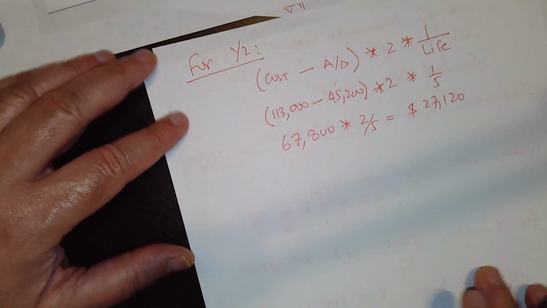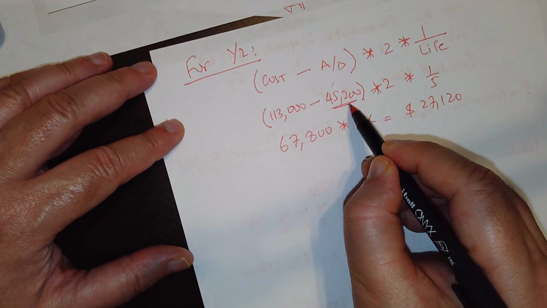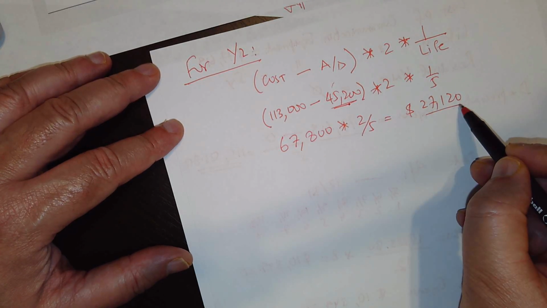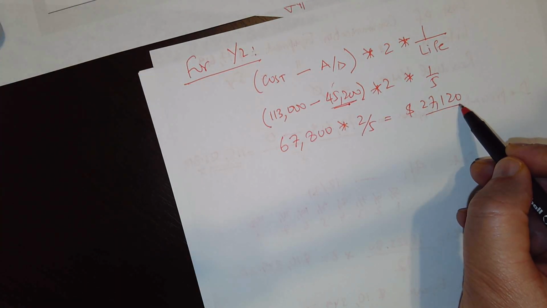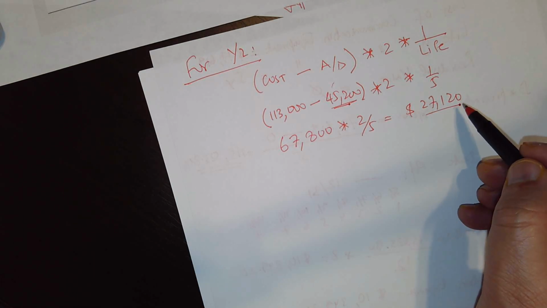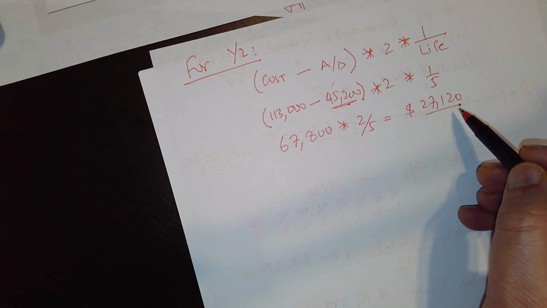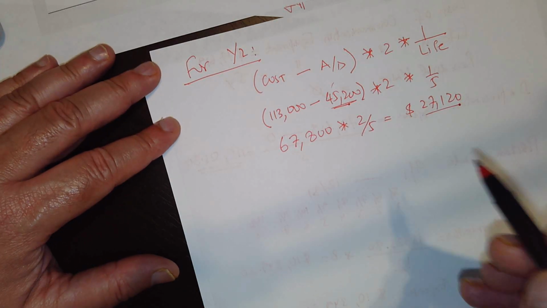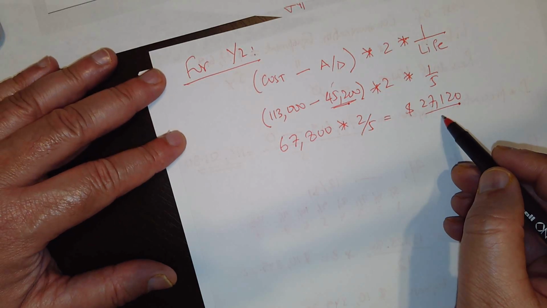So the first year, our depreciation is 45,200. The second year, we have a depreciation expense of 27,120. So the maximum we got in the first year, and in the second year it is a little over half. So this is our second year depreciation expense.